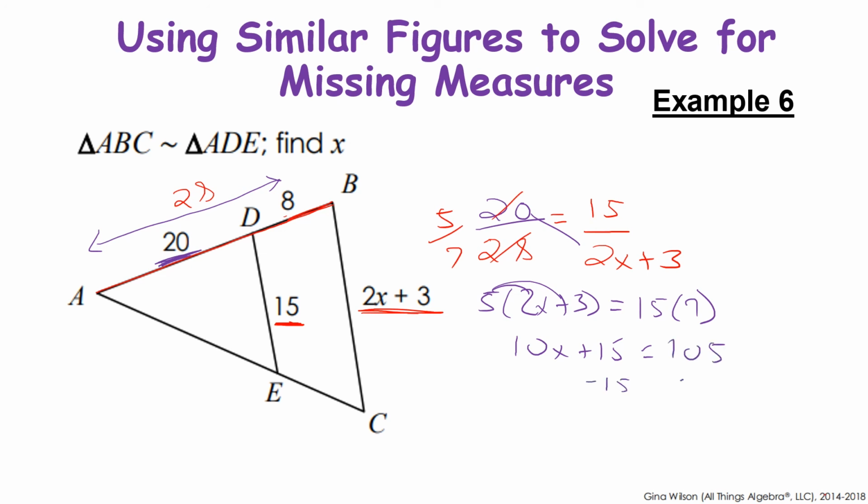Now I'm just left with that two-step equation. 10x equals 90. Divide by 10, so x is 9. Make sure when you're finding a value, you set up those corresponding sides. I just did smaller triangle over larger triangle. You could have done larger over smaller as long as your corresponding sides are in the same position.